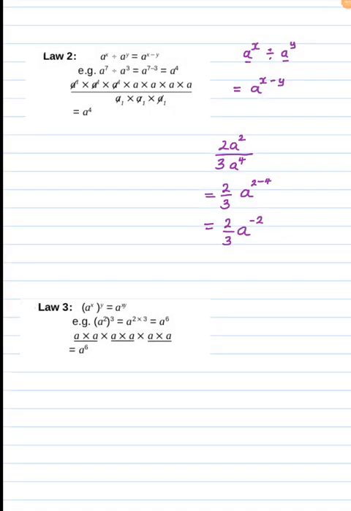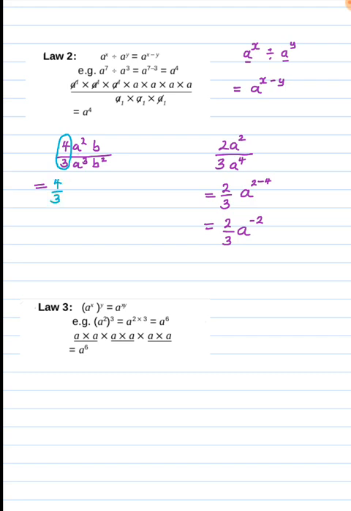And still on this law, we can find different letters. For example, you might have 4a squared b divided by 3a to the power 3 b to the power of 2. If it is like this, we are going to do it separately. The numbers will give us 4 over 3.